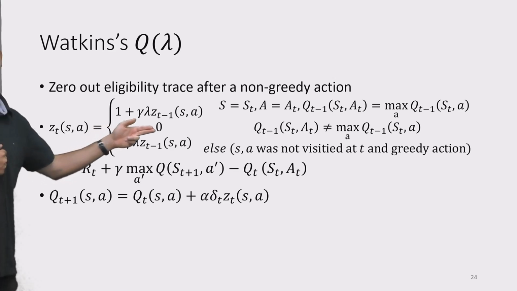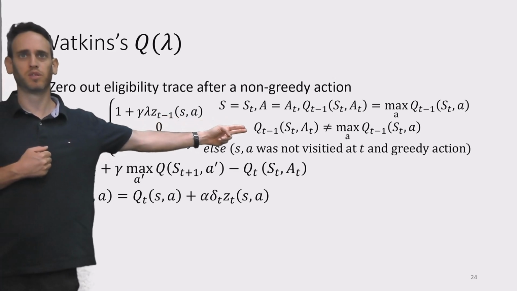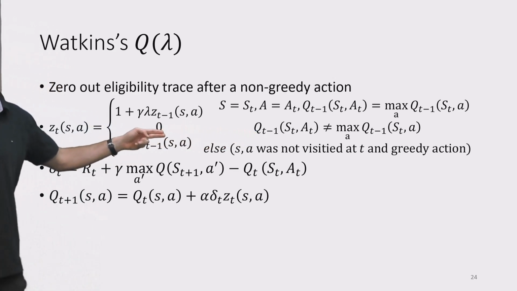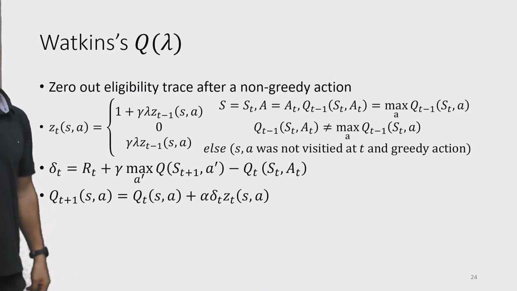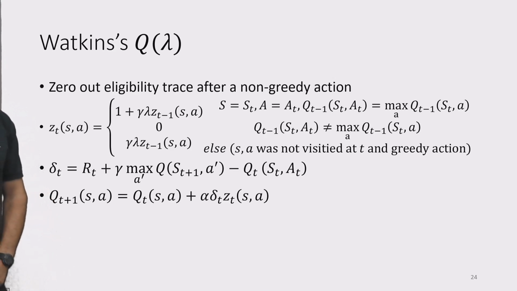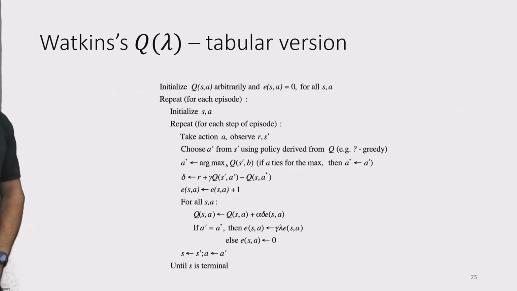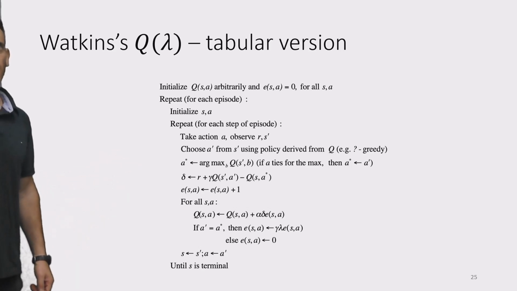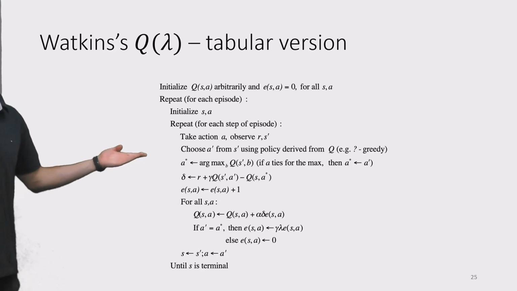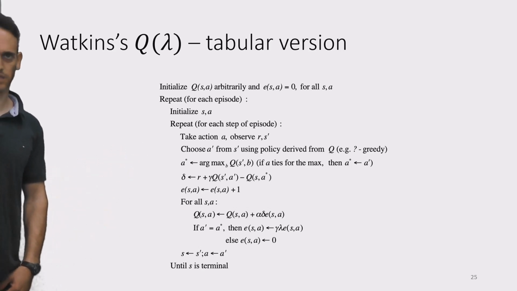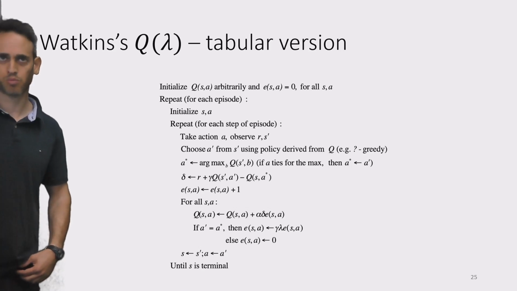However, if we diverge from the current greedy policy based on our current Q values, we simply zero out the eligibilities. Okay? So that's a straightforward way to implement Q Lambda. So this is the pseudocode for Watkins's Q Lambda. As I said, this pseudocode is for the tabular version, but it can be easily extended, as we've seen before, for the approximation case.